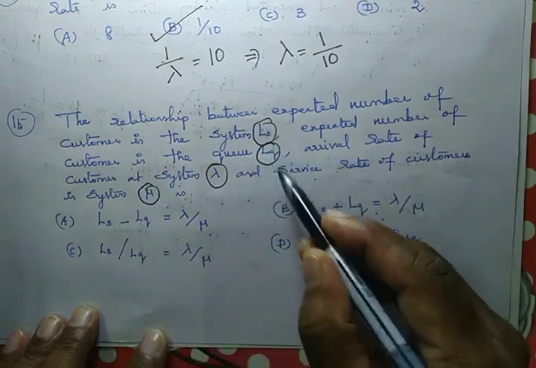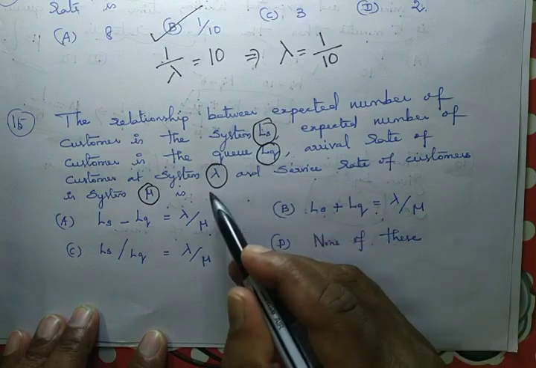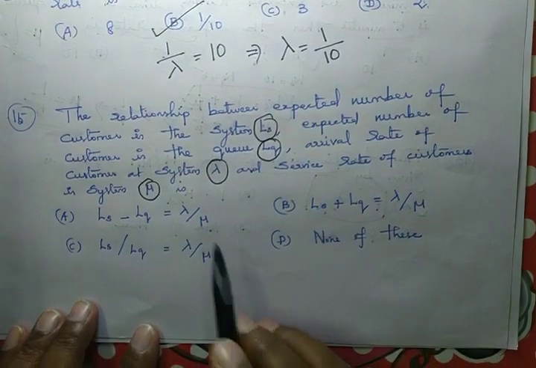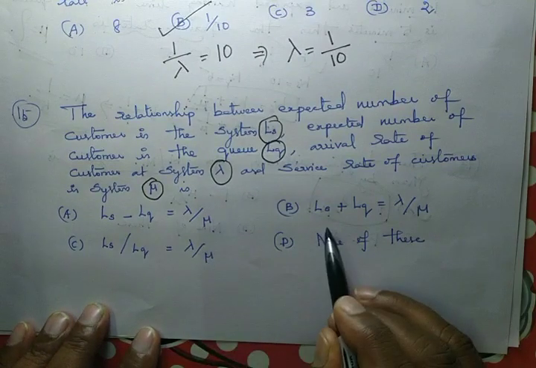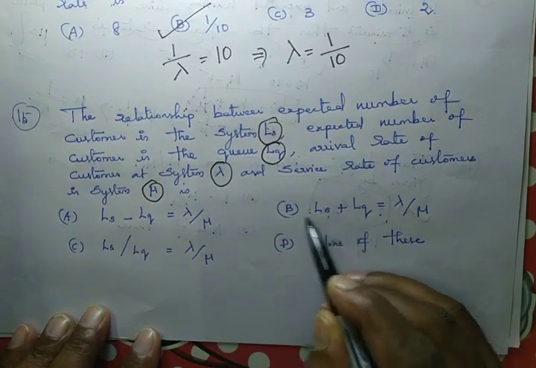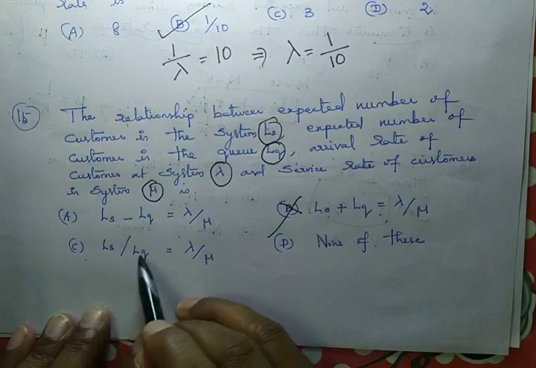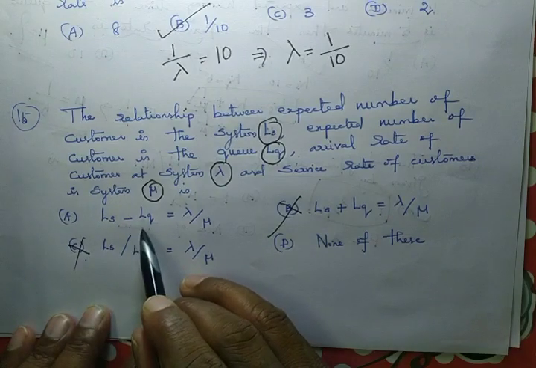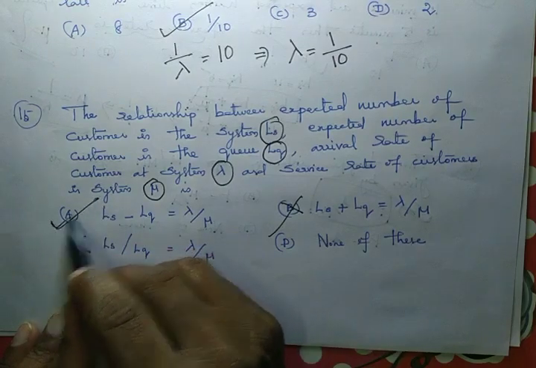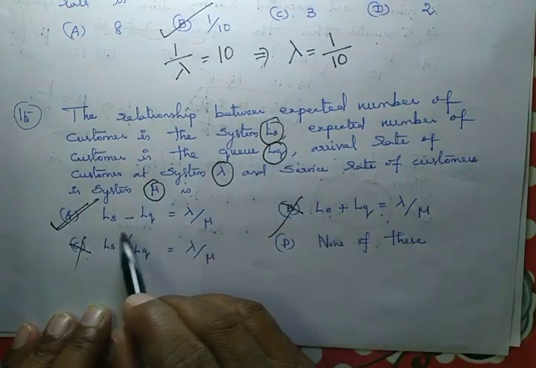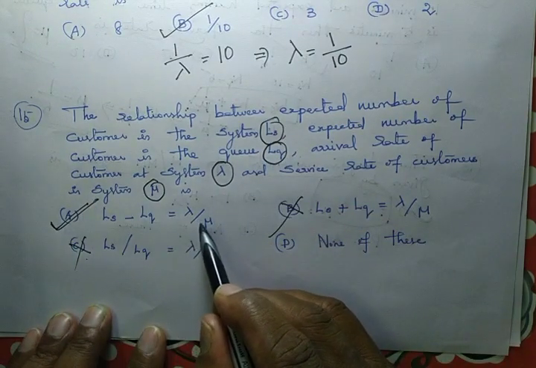They gave four things: LS, LQ, mu, lambda. In what way are these four related? LS plus, no, this is not it. LS divided, no. So LS minus LQ equals lambda by mu. This is the right answer. These four are related like this only: LS minus LQ equals lambda by mu.